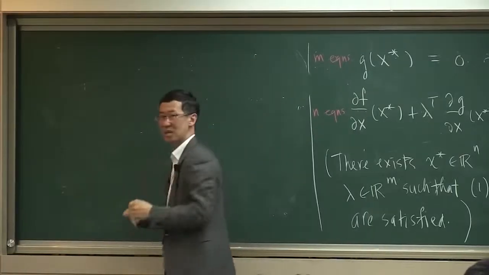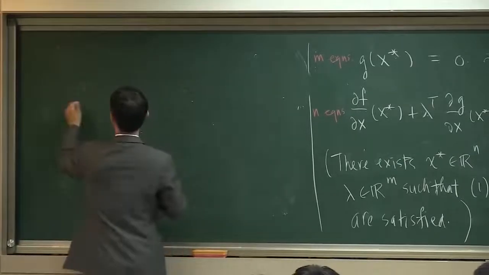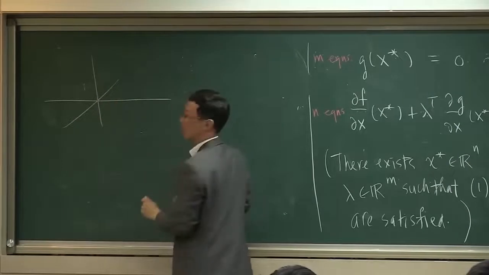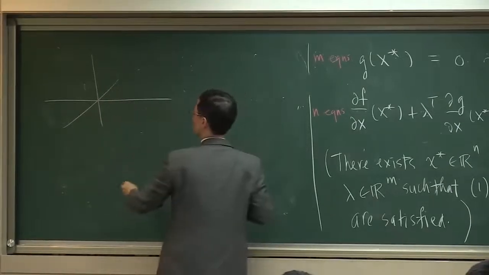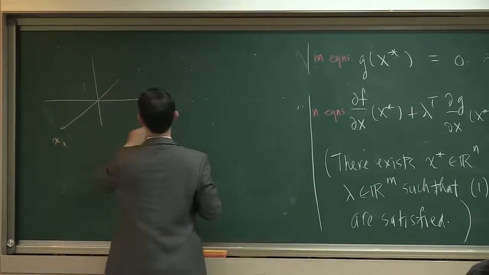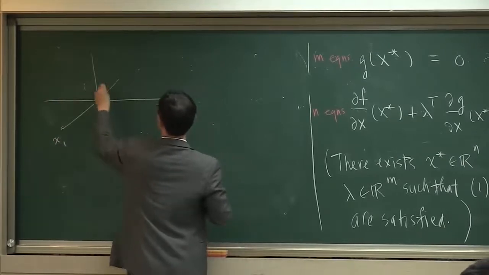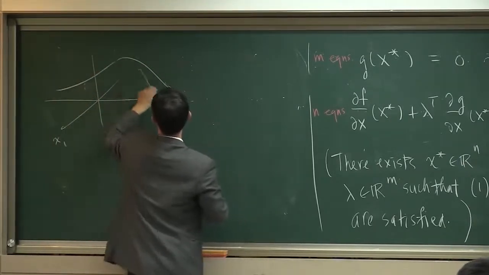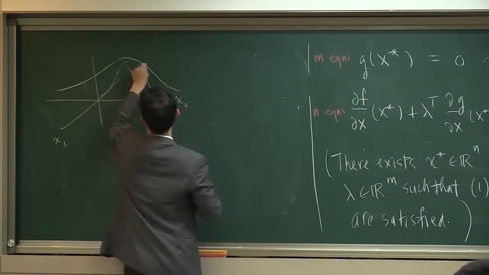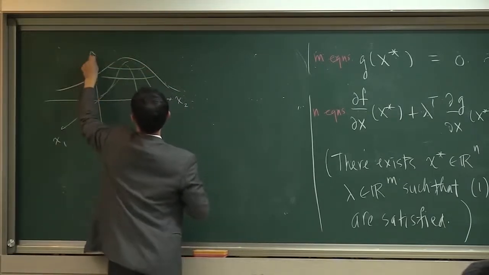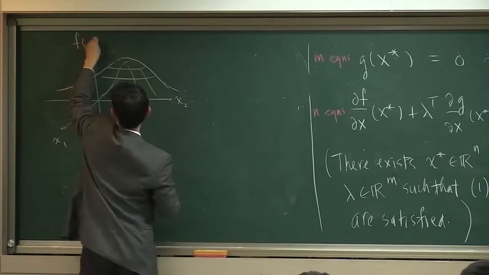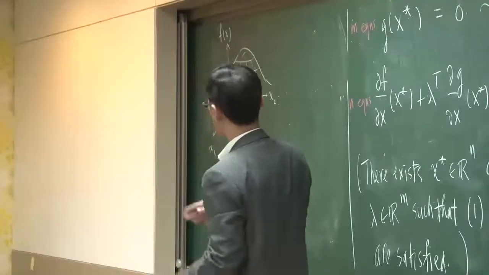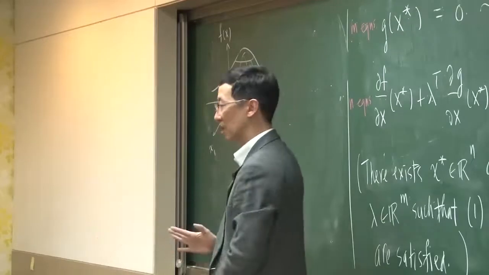Now if we have a constraint, we might have some function. Let's look at 2 dimensions, x1, x2. So f of x might be some 2-dimensional surface defined over the x1, x2 plane.